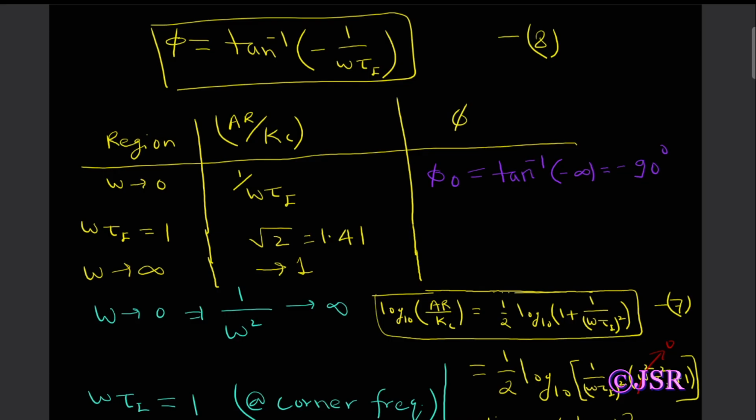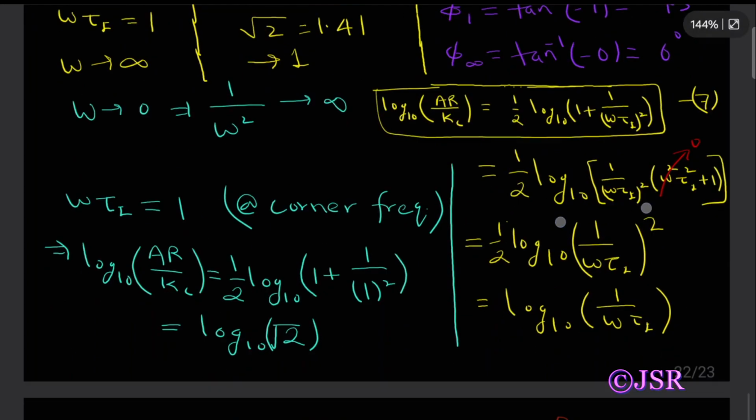When omega tau is equal to 1, this will be tan inverse of minus 1, and this will be equal to minus 45 degree. So when omega tends to infinity, this will be tan inverse of minus 0, and this will be 0 degree.